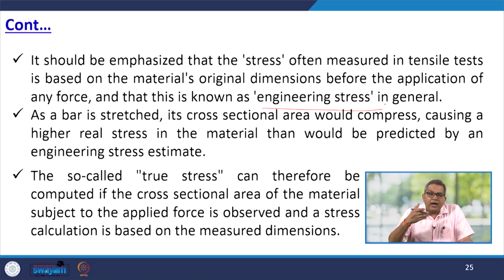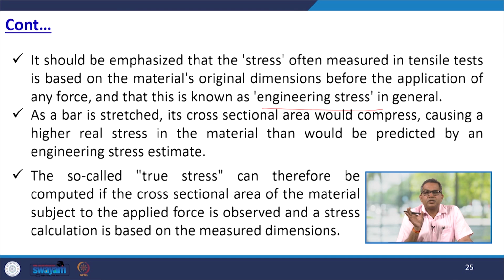As a bar is stretched, its cross-sectional area would compress, causing a higher real stress in the material than would be predicted by an engineering stress estimate. This is the so called true stress, and it can be computed if the cross-sectional area of the material subject to the applied force is observed and the stress calculation is based on the measured dimension.